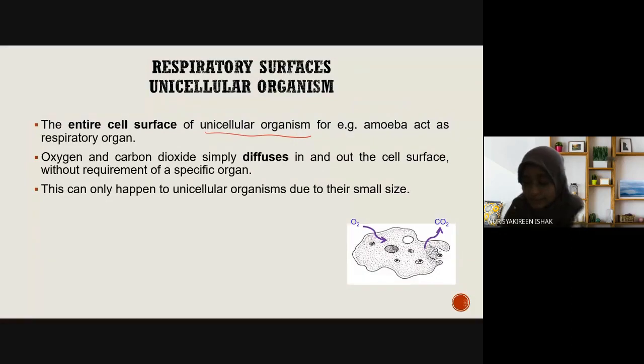Oxygen and carbon dioxide simply diffuse in and out of the cell surface without the requirement of a specific organ. It is just one cell, there are no other organs in the cell, understand? So they depend on the cell surface, the cell membrane, to allow diffusion of gases, oxygen into the cell and carbon dioxide to be released. All of this occurs through diffusion, and this can only happen to unicellular organisms due to their small size.